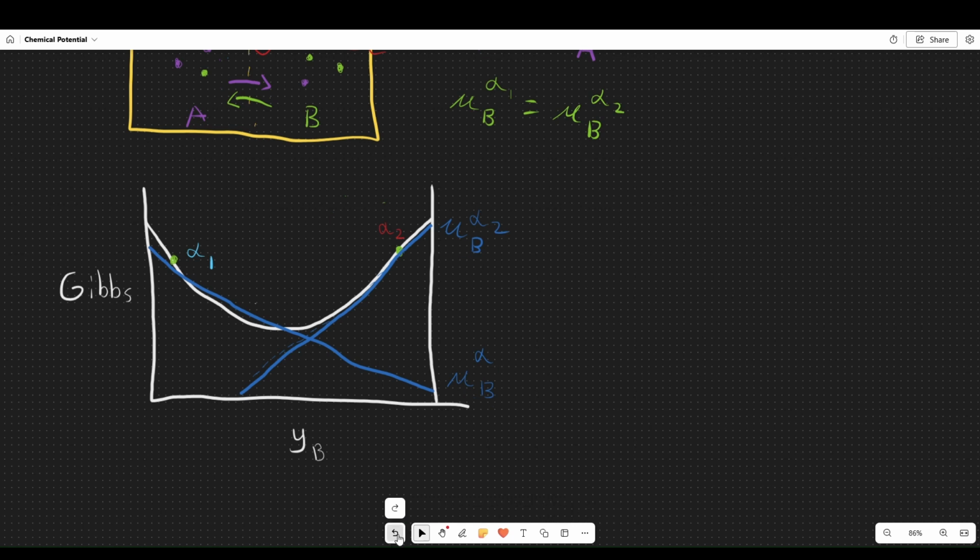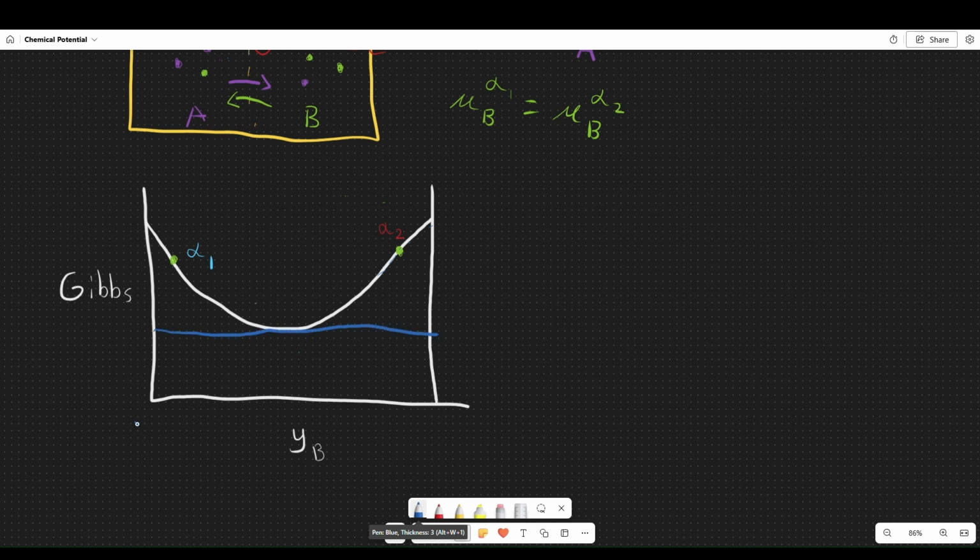But if I was to go back and find where the Gibbs free energy is minimized, which would be at the bottom, we would see that if I drew a tangential line through here, it would actually equilibrate at some point, and that happens to be where the Gibbs free energy is at its minimum. And so this is the basis for where equilibrium can be reached.